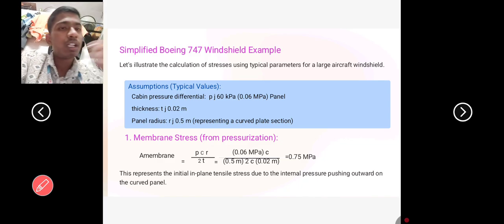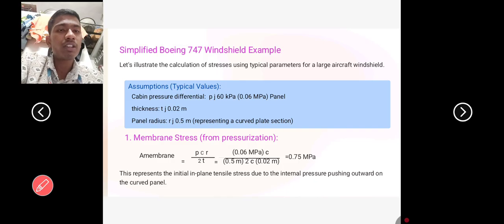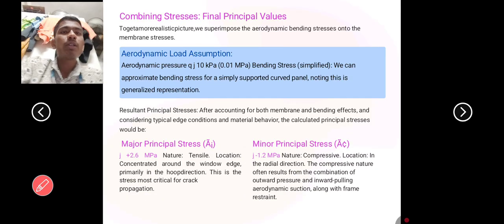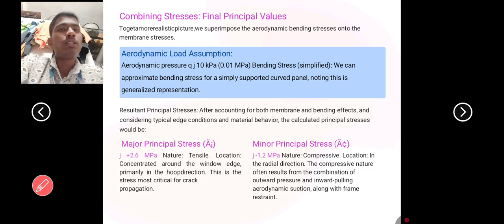Dividing by 2 times 0.02, the membrane stress is 0.75 megapascals. This represents the initial in-plane tensile stress due to internal pressure pushing outward on the curved panel. Cabin stresses: final principal values.